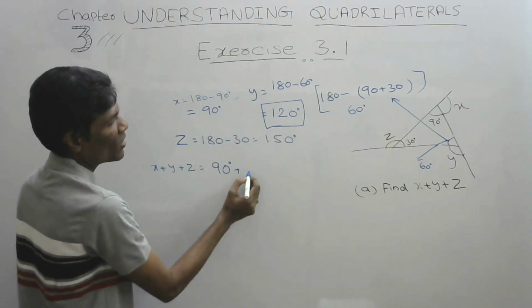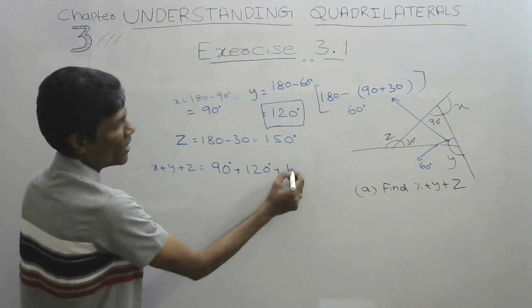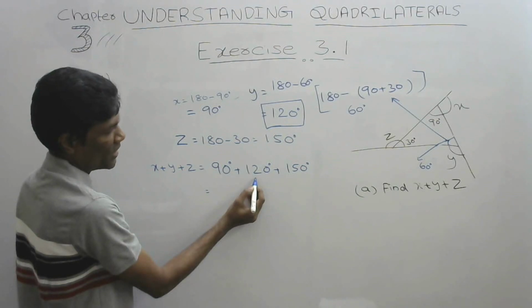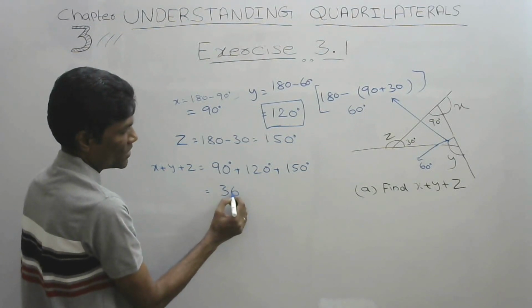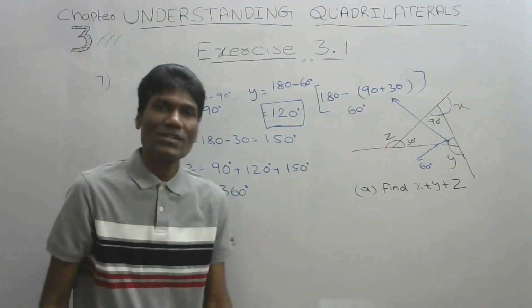What's the value of y we got? 120 degrees. And z is 150. 90 plus 120, 210. 210 plus 150, 360. So x plus y plus z equal to 360 degrees.